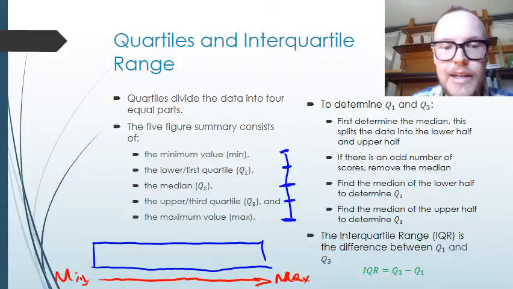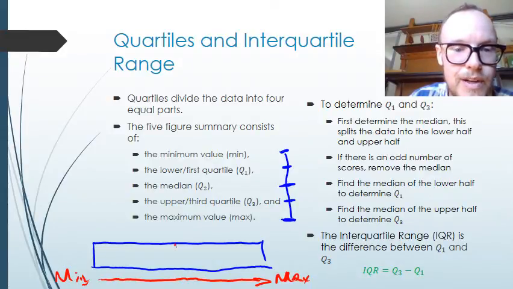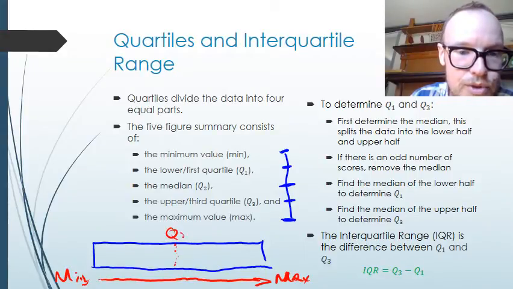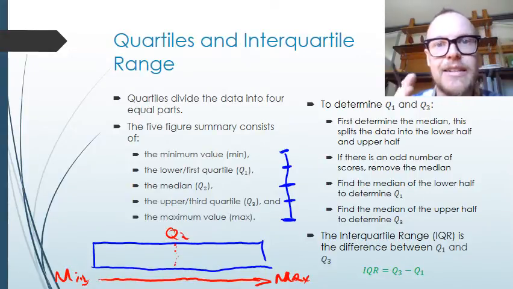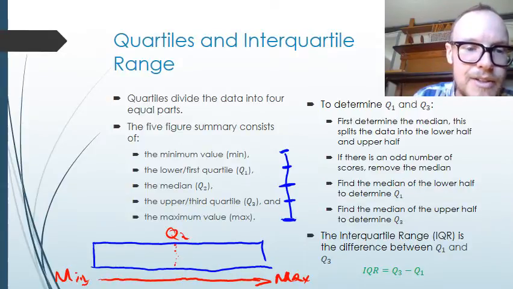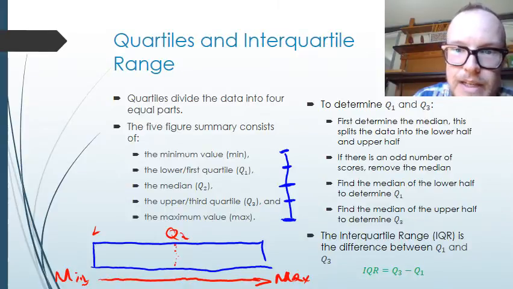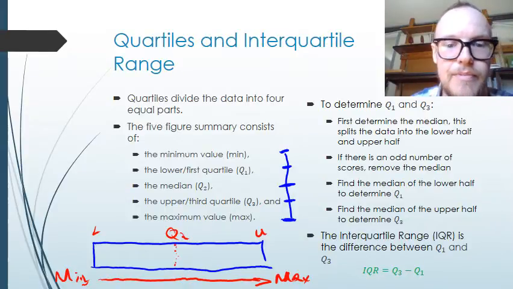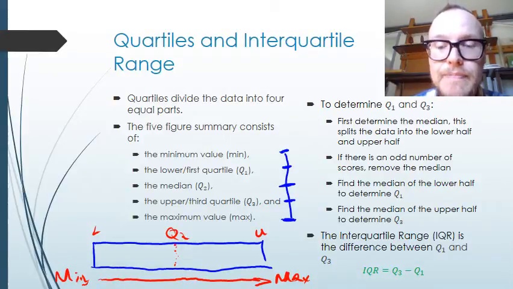We determine our median by finding the middle value, Q2 here, so our median exists right in the middle of the data, splitting it into a lower half and an upper half. So this is the lower half, and then there's the upper half from the median all the way up until the maximum value.